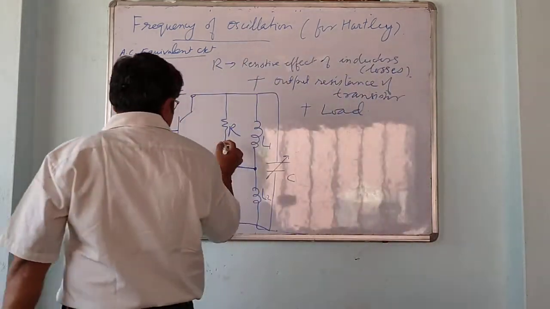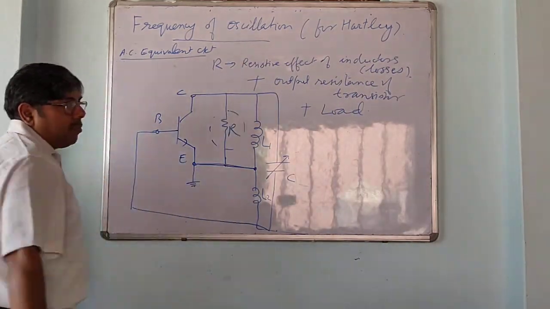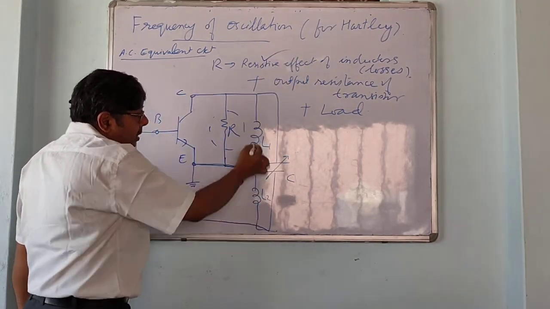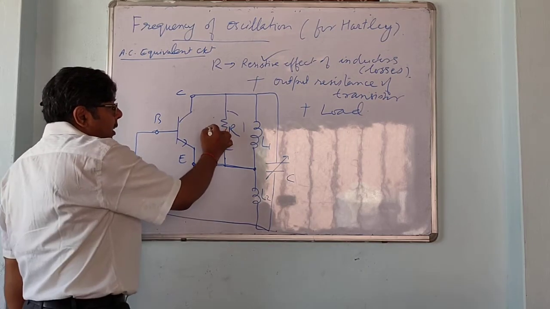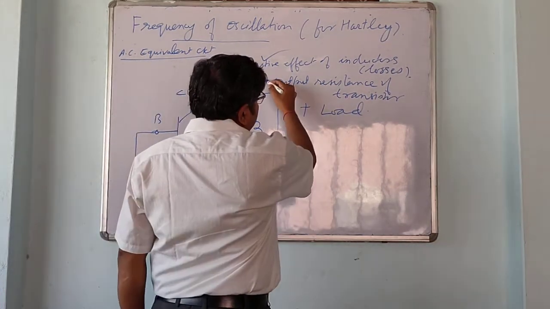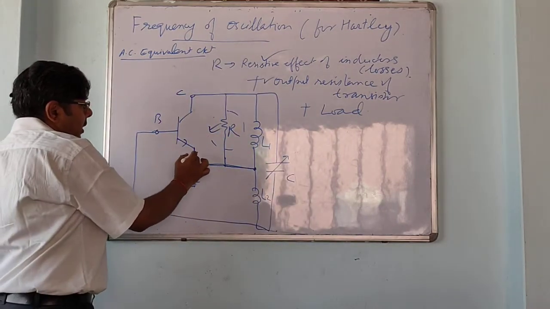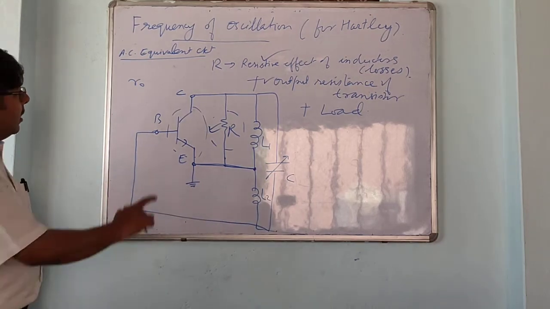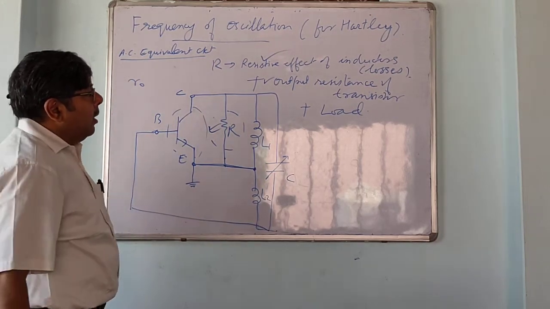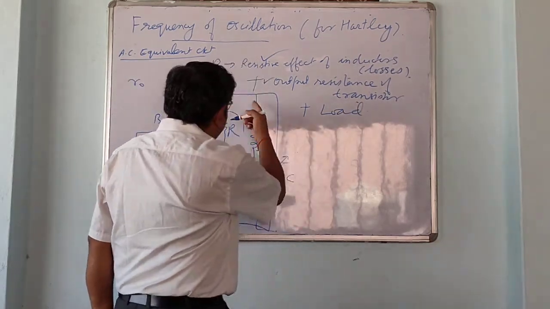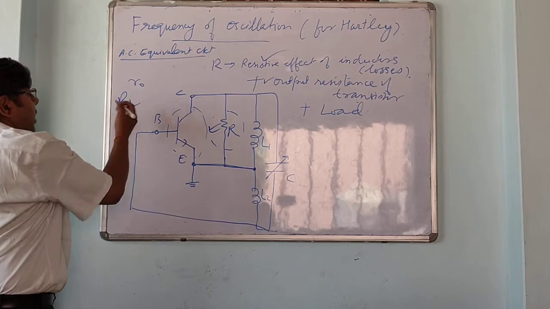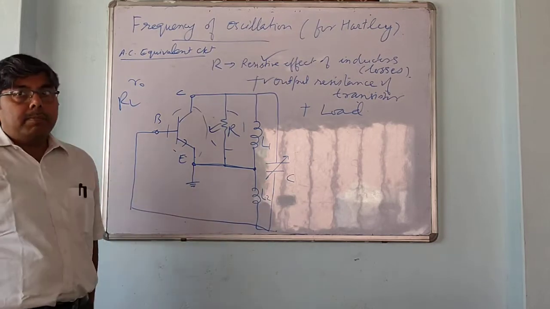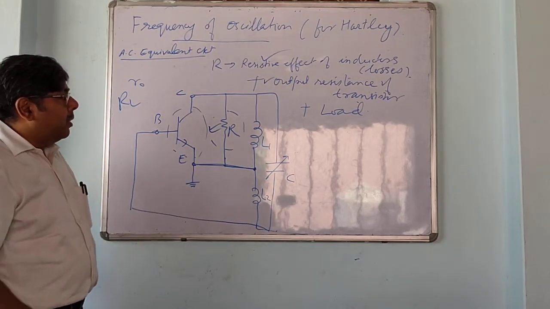For simplification, we are taking only one resistance here. The resistive part of the inductor is included here, and when the transistor is modeled, it has an output resistance, which is also included in this part. And any load present in the circuit, such as RL, is included in this part. So this is a combination of resistances.